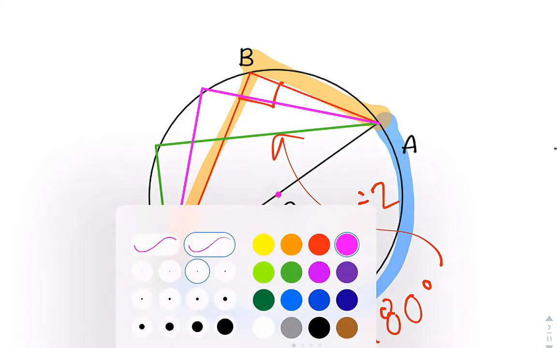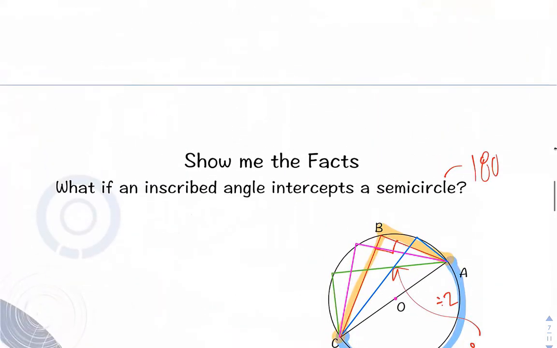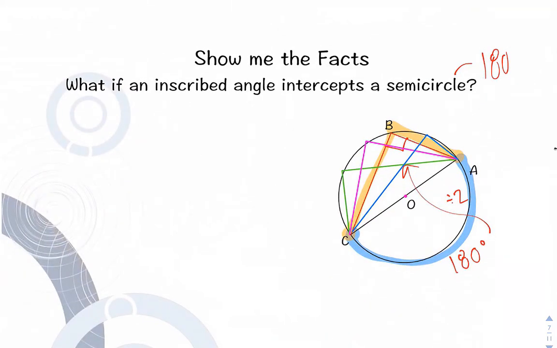And let's do one more just to show you. Over to there, and then over to there. That's a 90 degree angle as well. So as long as it's eating a semicircle, 180 degrees, that inscribed angle will be 90 degrees, a right angle. Okay, so just another key fact there.